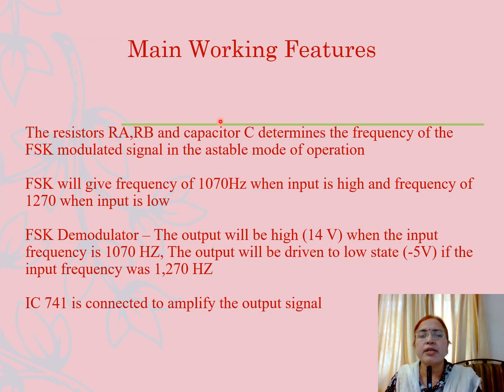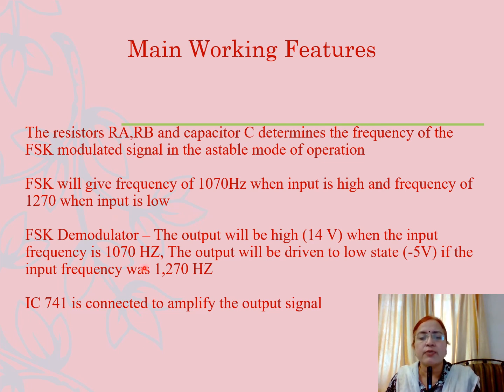Here are the main working features of the circuit diagram. The resistors RA, RB and capacitor C determine the frequency of the FSK modulated signal in the astable mode of operation. The FSK modulator will give a frequency of 1070 Hz when the input is high and a frequency of 1270 Hz when the input is low.